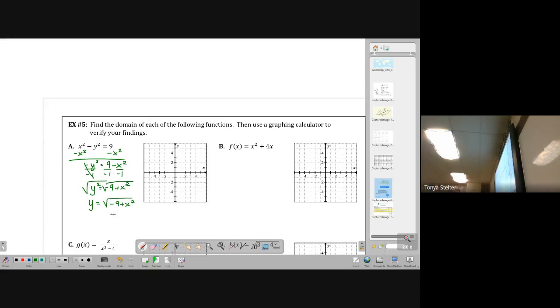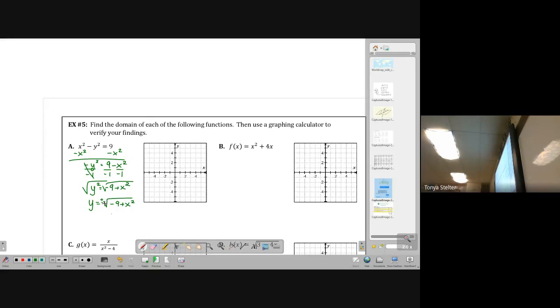So since we have a square root here, there is going to be a number that, if we plugged it in here, we would end up getting a negative value. We can have 0. 0 is okay. But if we end up in a negative, because this is an even root, then that's a problem. So this is plus and minus. Basically, this whole thing under here has to be greater than or equal to 0.